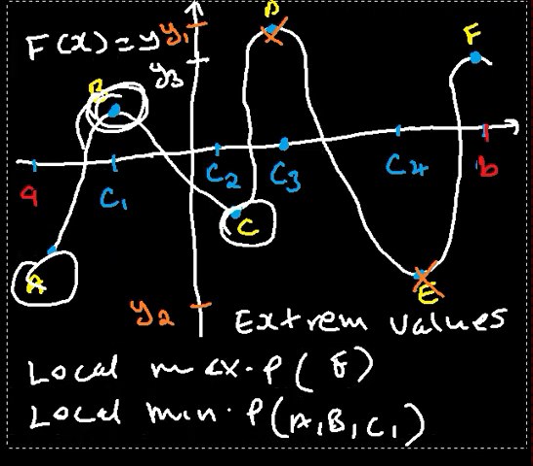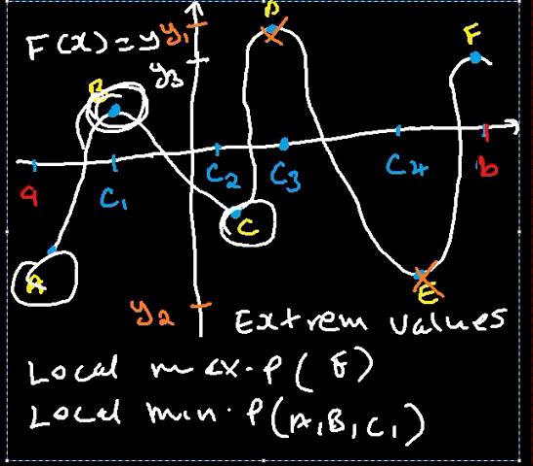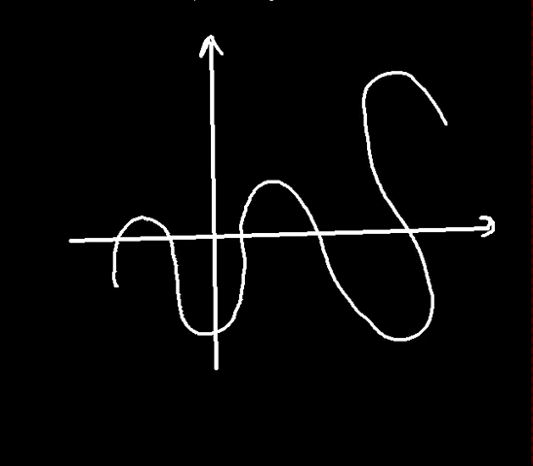And now let's say we have the following cases and see how we can identify the local maximum point and the local minimum point, and also the absolute maximum as well as the absolute minimum. Let's say this is a typical Cartesian plane, and we have a graph of a function f of x equal to y.